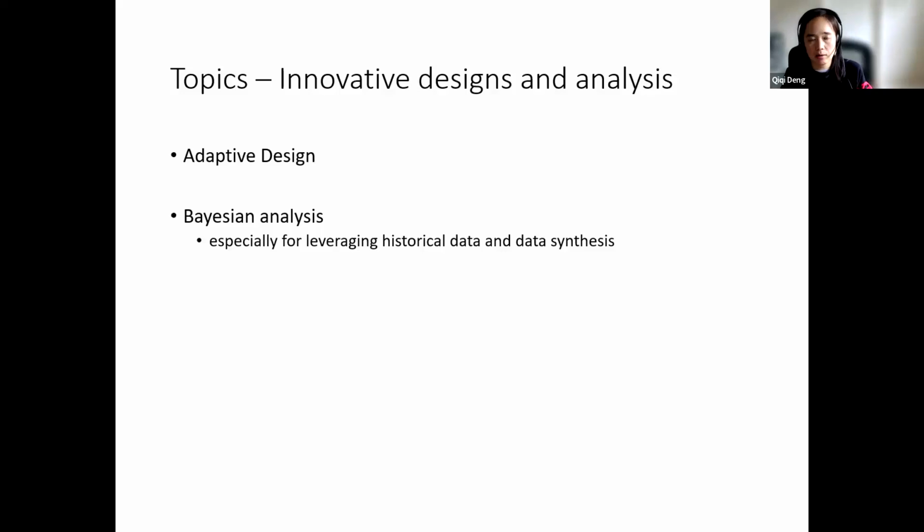Therefore, we need to run a lot of simulations to evaluate the characteristics of such designs. And then there is Bayesian analysis, where you try to leverage historical data in new studies, or you're trying to combine information from a lot of different sources for data synthesis activities.